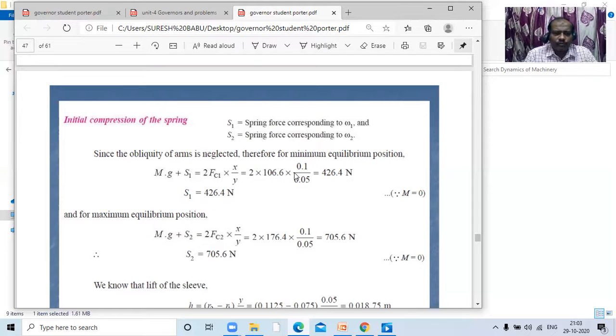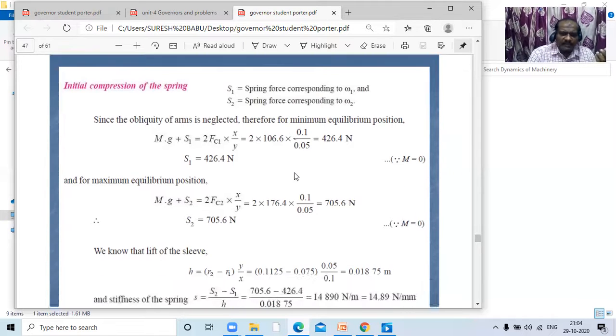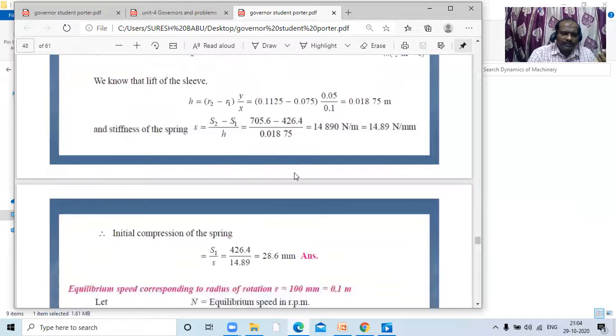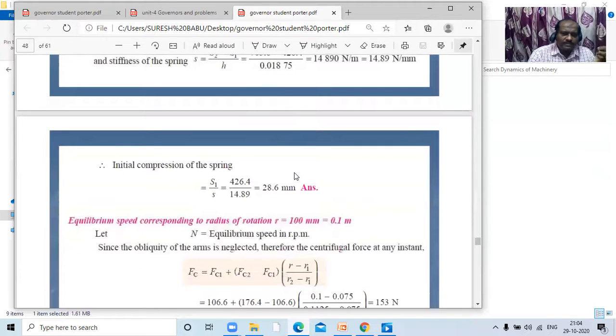For maximum radius has to be used. For minimum radius, same formula can be used by mathematical calculations, and that will turn to Fc is equal to Fc1 plus bracket of Fc2 minus Fc1 by R minus R1 by R2 minus R1. So this is another formula.